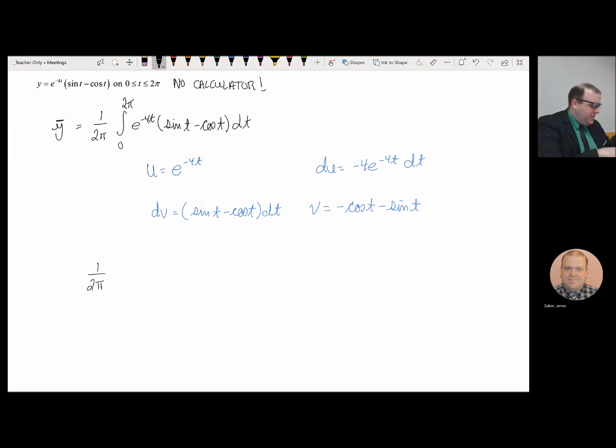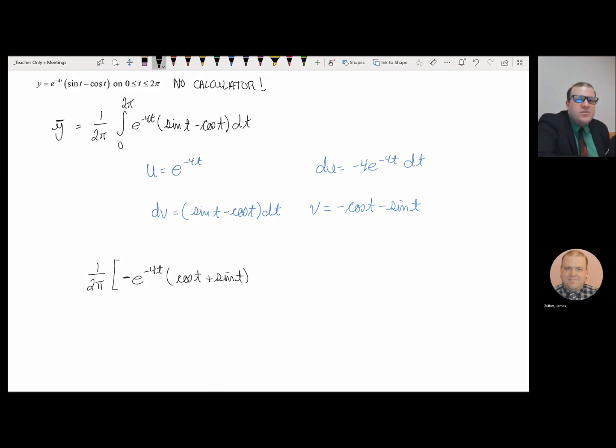One over 2 pi times, and remember integration by parts: uv, notice I'm factoring a negative out of the v, minus the integral of v du.